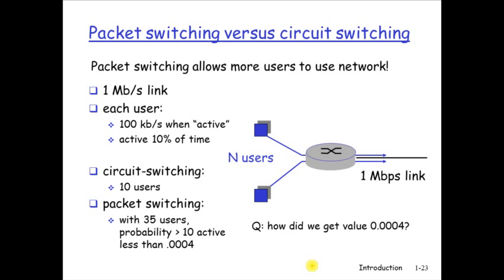So basically, internet user behavior is like this, right? But what if everybody is busy using the internet? Then circuit switching is better than packet switching. But fortunately, like I said, internet behavior is like this. A lot of people just get connected without continuously sending packets.